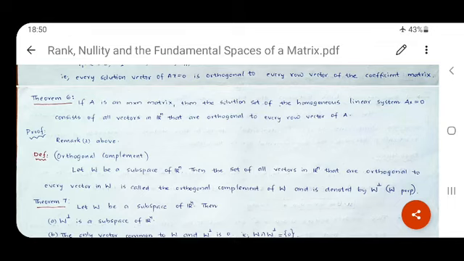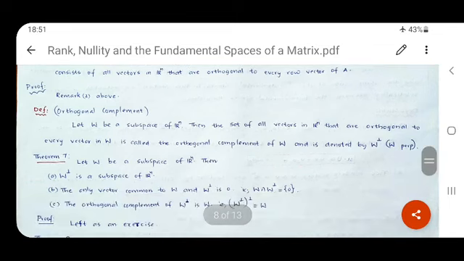This is a notation, we call it W perp, that symbol for perpendicular. So W perp is the orthogonal complement of W, which means it is the collection of all vectors in Rn which are orthogonal to every vector of W.